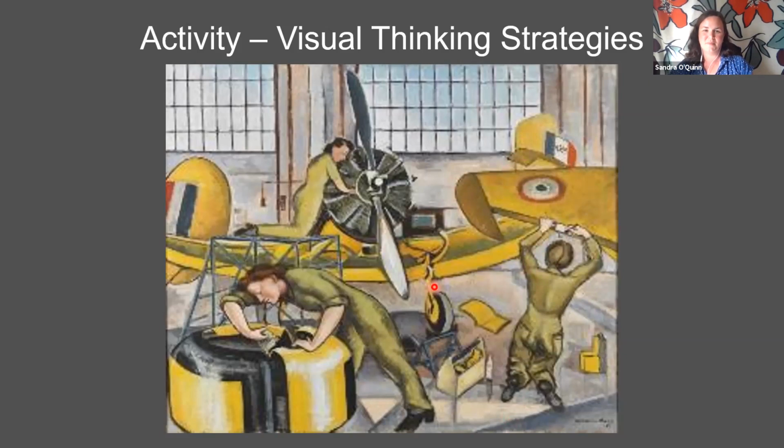I'll point out that this works really well synchronously, but it could also work asynchronously. The idea with visual thinking strategies, and I'm not an expert in it at all, is that you're non-judgmentally acknowledging the comments that are made, visibly pointing out that item in the painting so the rest of the participants can see, and paraphrasing what's been said.